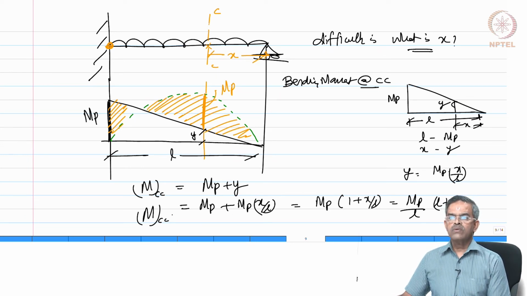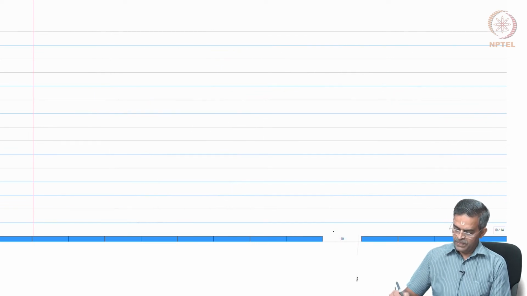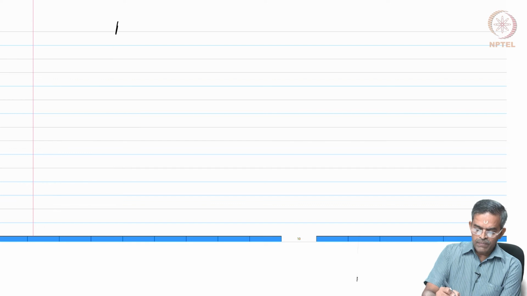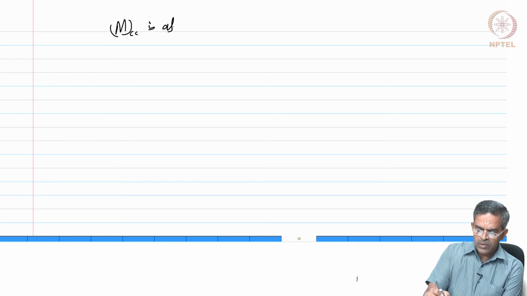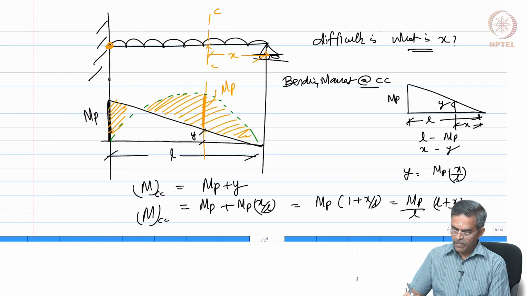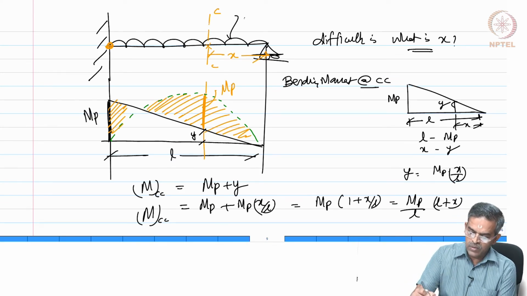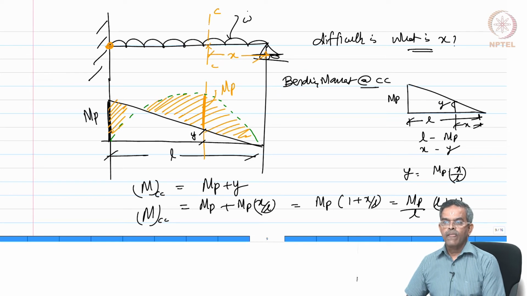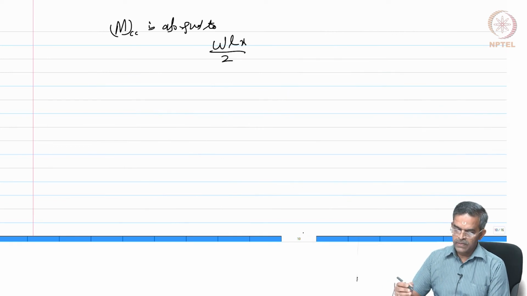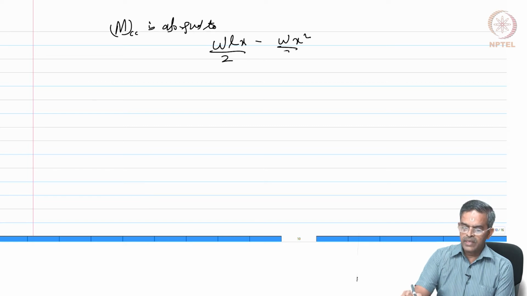Let us also find out this bending moment from the first principles. We know MCC is also equal to WL by 2 into x, see here the figure, this is x and this is W, minus W x square by 2, am I right?